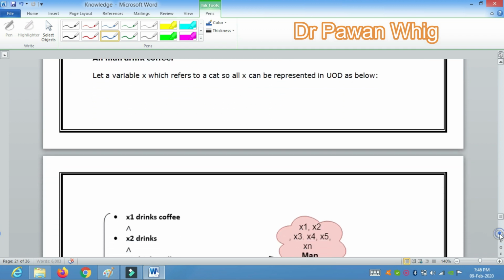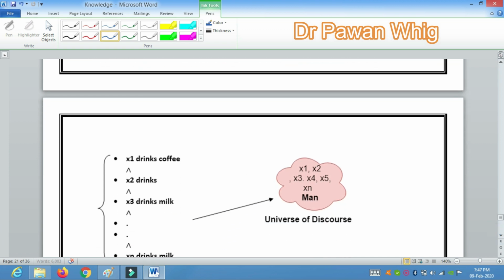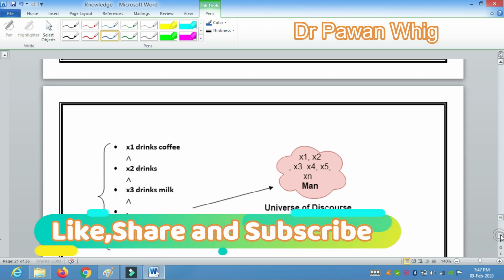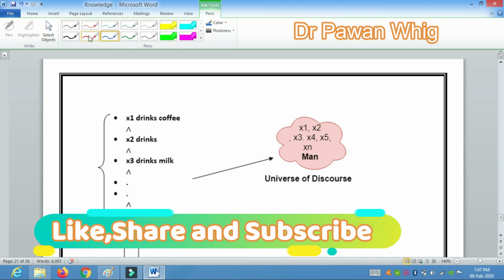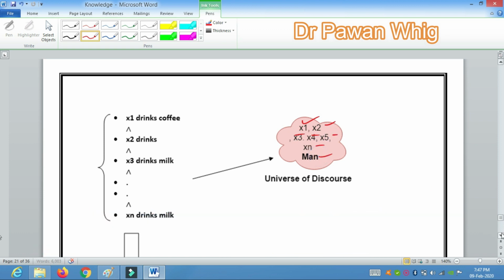So how can you represent this? You see this diagram. X1 drinks coffee, X2 drinks coffee; these are the men who are drinking coffee. There are so many men who can drink coffee. So first of all you have to create the universe of discourse, that is, so many men are there and all drink coffee. So how is it represented?